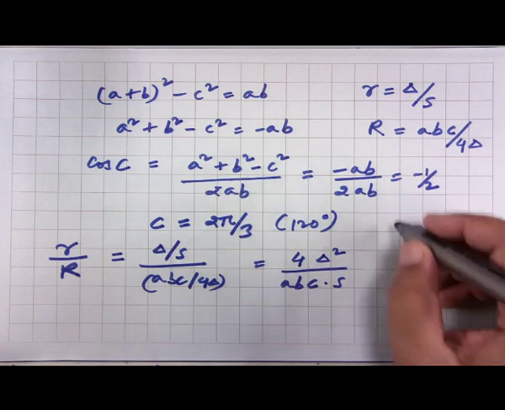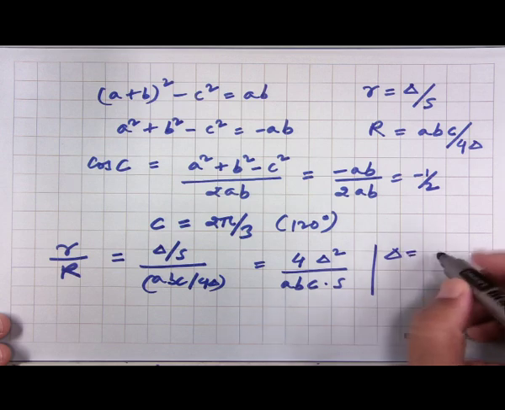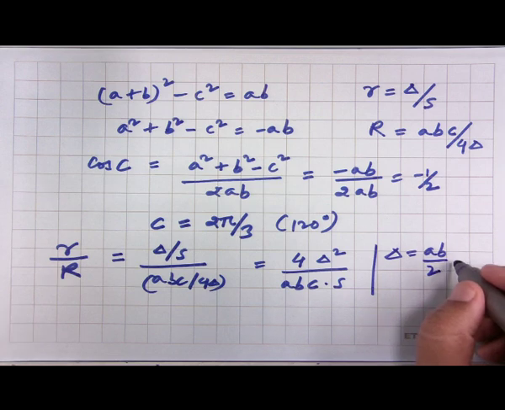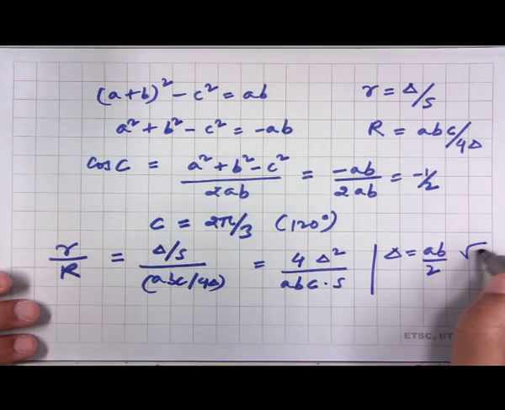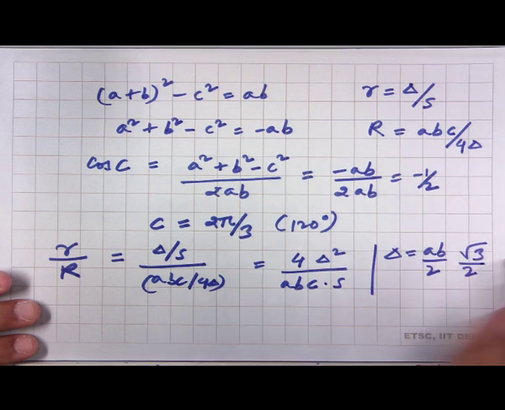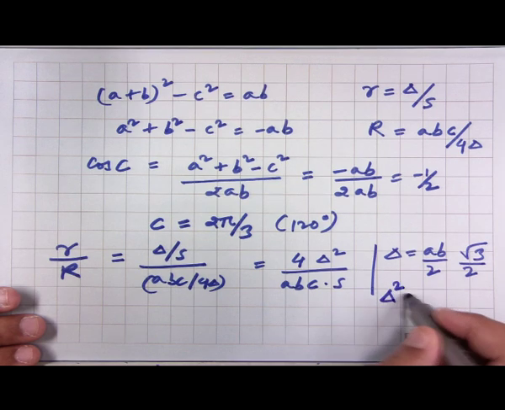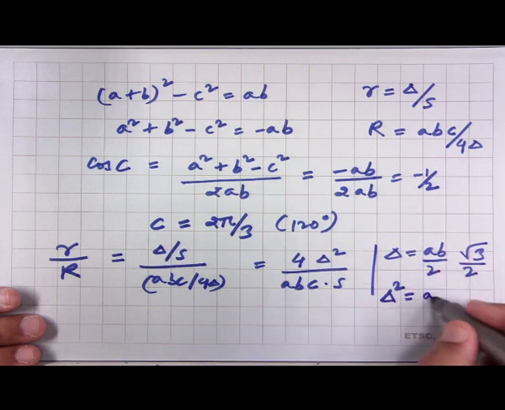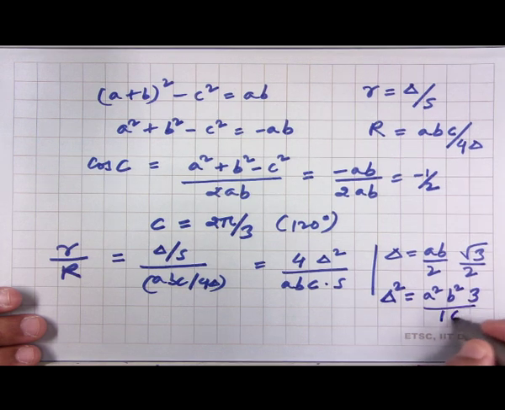Hence, if we substitute area equal to AB upon 2 into sine of C, but sine of 120 degrees is square root of 3 over 2, then the square of the area will be A square B square into 3 over 16.